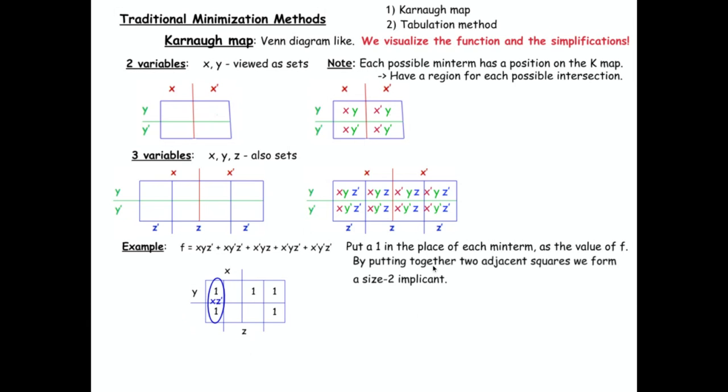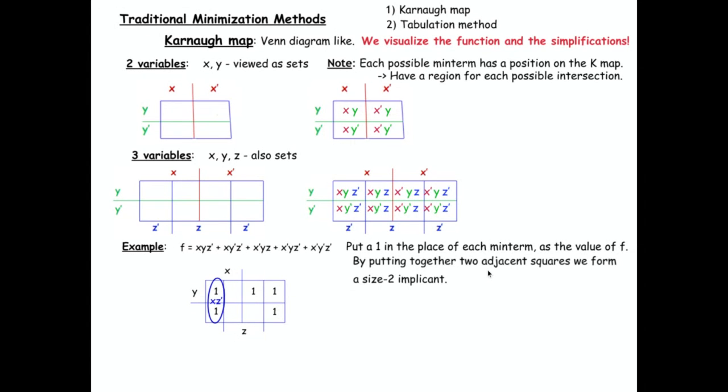So by putting together 2 adjacent squares, we form a size 2 implicant. Basically, this single implicant implies everything inside it, so x, y, complement of z is 1, and x, complement of y, complement of z is 1, okay?